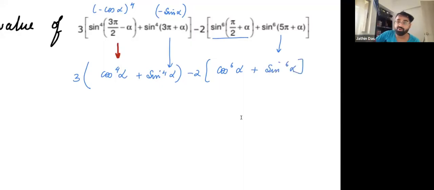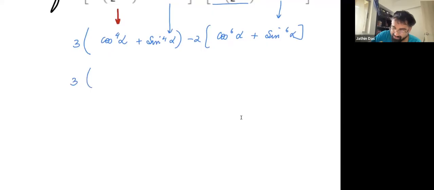Now it's a revision of a formula. Sin raised to 4 plus cos raised to 4, you remember? One minus 2 sine square cos square. Remember?